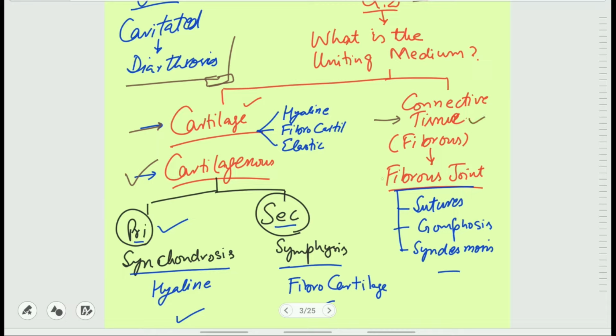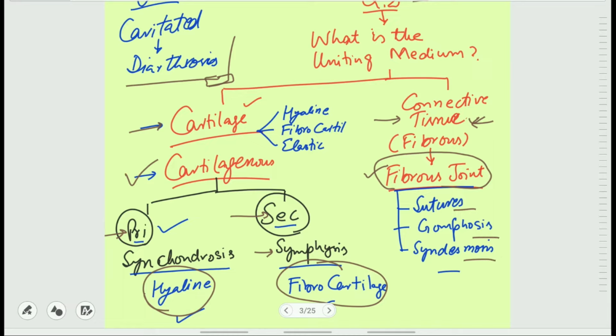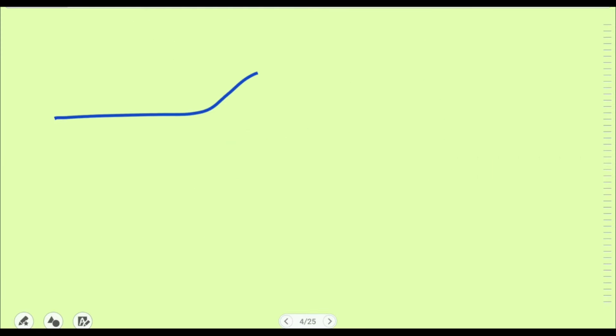If it's fibrous connective tissue, then it's a fibrous joint. A cartilaginous joint can be primary or secondary. If the uniting medium is hyaline cartilage, then it is a primary cartilaginous joint, and if it's fibrocartilage, then it is a secondary cartilaginous joint or symphysis. The fibrous joint has three categories: sutures, gomphoses, and syndesmosis.